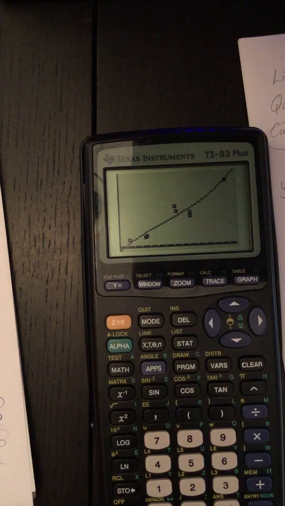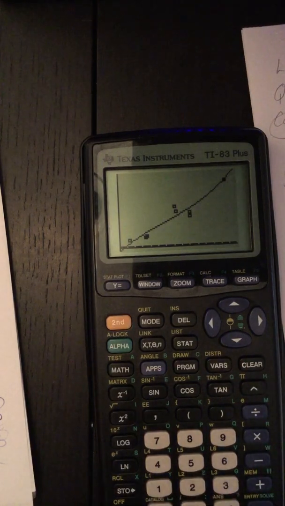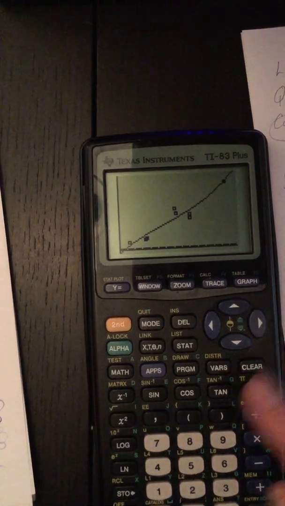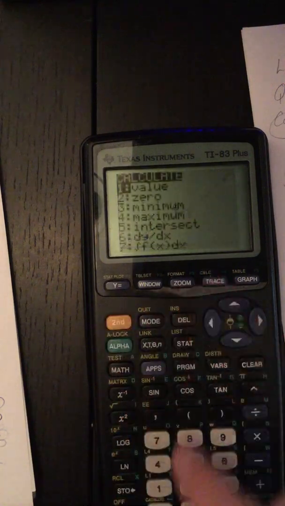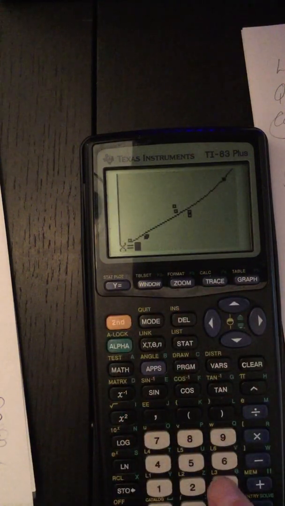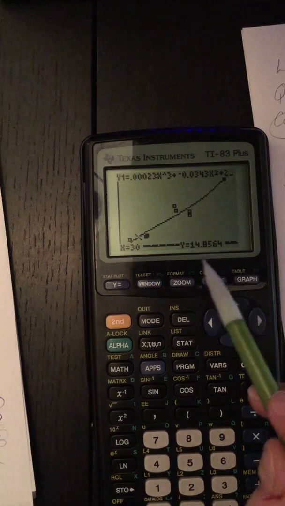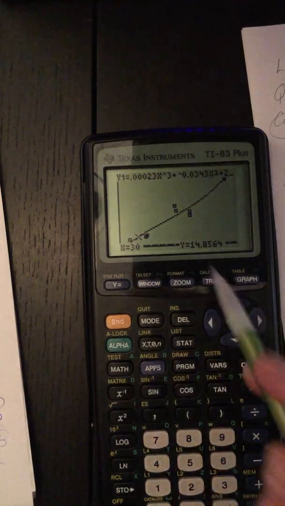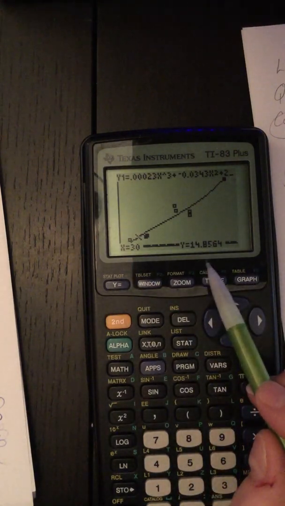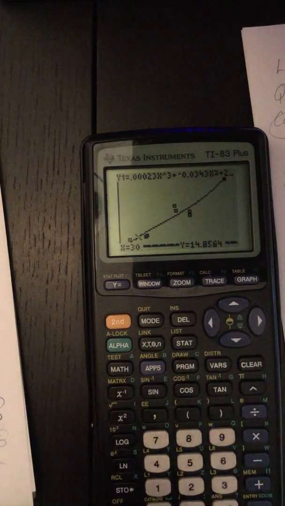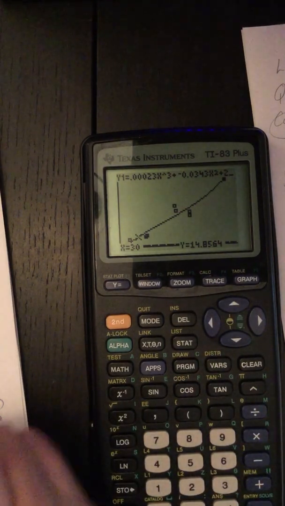That's our x value, right? So our speed is our x value. So we're going to put in 30 for x. So second function trace value, and we'll just put in 30. And that tells us that y is, you can see it there, 14.85. So 14.8 or 14.9.